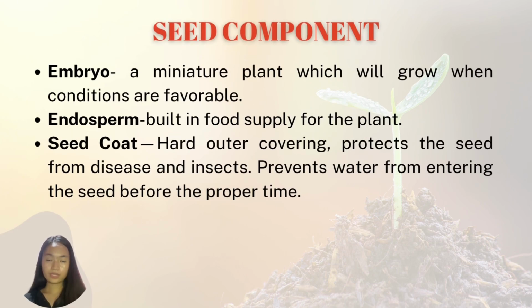The first one is the embryo, a miniature plant which will grow when conditions are favorable. The second one is the endosperm, which is the built-in food supply for the plant. And the third is the seed coat, a hard outer covering that protects the seed from disease and insects, and prevents water from entering the seed before the proper time.